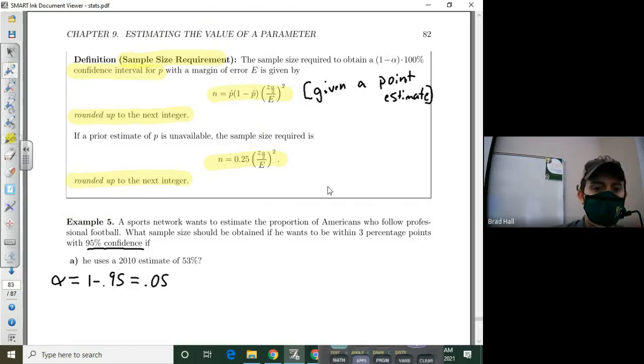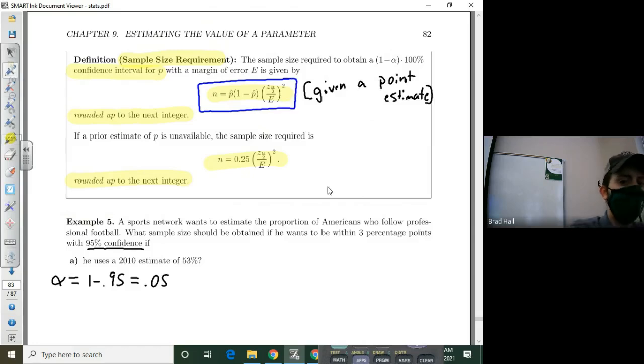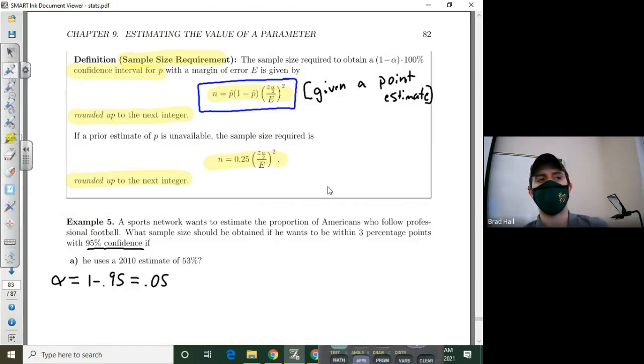So we have alpha. Remember, we're looking at this formula up top here. The reason why, this is on the assumption that they're actually telling us a point estimate. Remember, the point estimate is a proportion, in this case, the proportion of people who watch football.